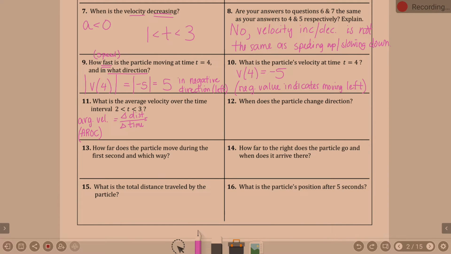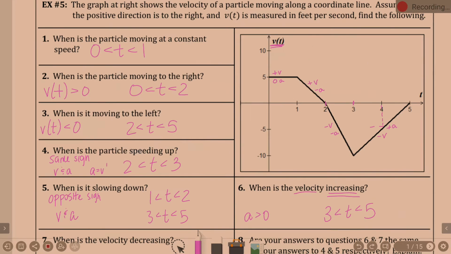Now, as we talk about that change in distance, we're talking about the total distance. And when we talk about this graph, this isn't your distance here. This is velocity. So it's not just, okay, it went from 0 to 10, or to negative 10.